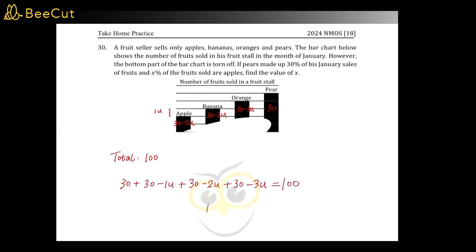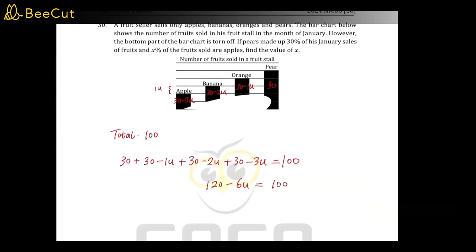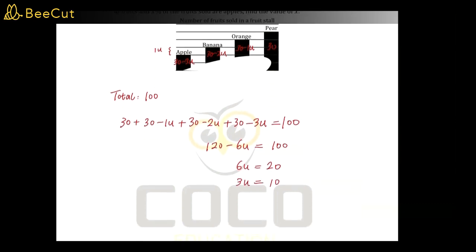Simplified, 120 minus 6u equals 100. So the 6 units equals 20. And this means that 3 units equals 10. Now we find the percentage of apples.